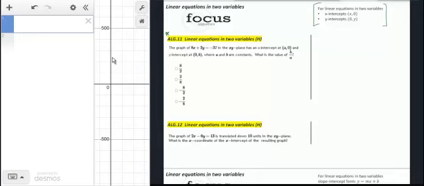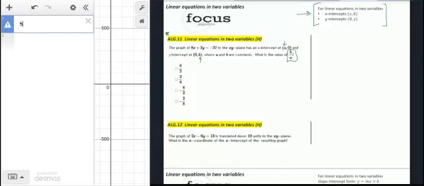Okay, so the first method. When I look at this, what I'm seeing is they want me to find an expression of b over a, where b is the y-intercept and a is the x-intercept. It's the x value when y is 0, and b is the y value when x is 0. So that's what the intercepts mean on your graph. The nice thing is that Desmos, the graphing calculator, displays your x and y intercepts.